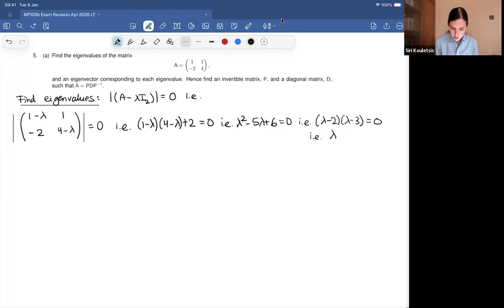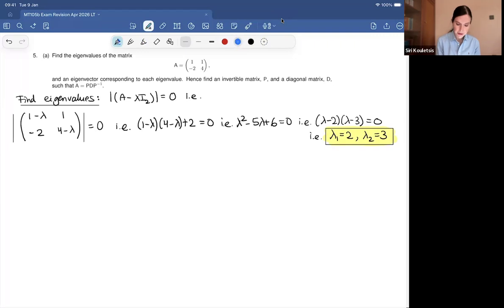And so our two eigenvalues are 2 and 3 respectively. Doesn't matter what we call lambda 1 and what we call lambda 2, that's up to you. So these are our eigenvalues.